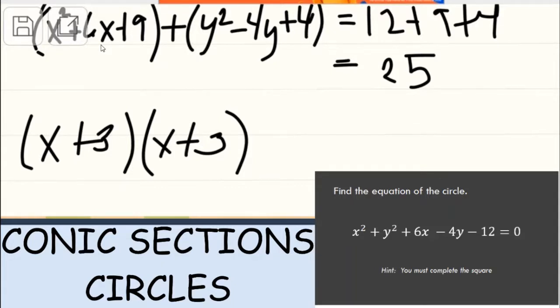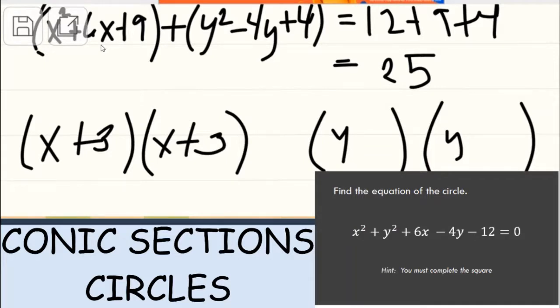So, ganun na yung gagawin natin sa kabila. So, ano yung factor ng y squared minus 4y plus 4? Ganun din. Mag-iisip tayo ng factor ng positive 4 na magiging sagot ay negative 4.